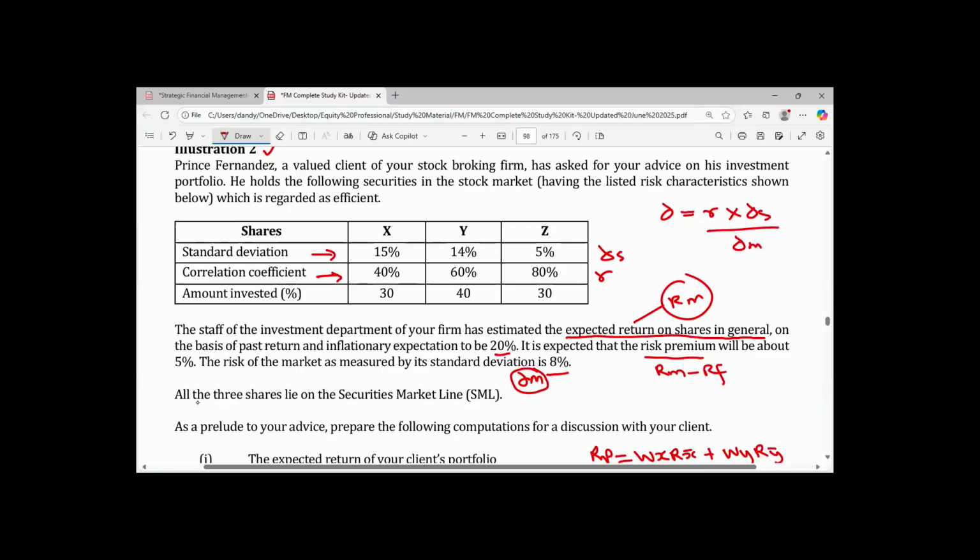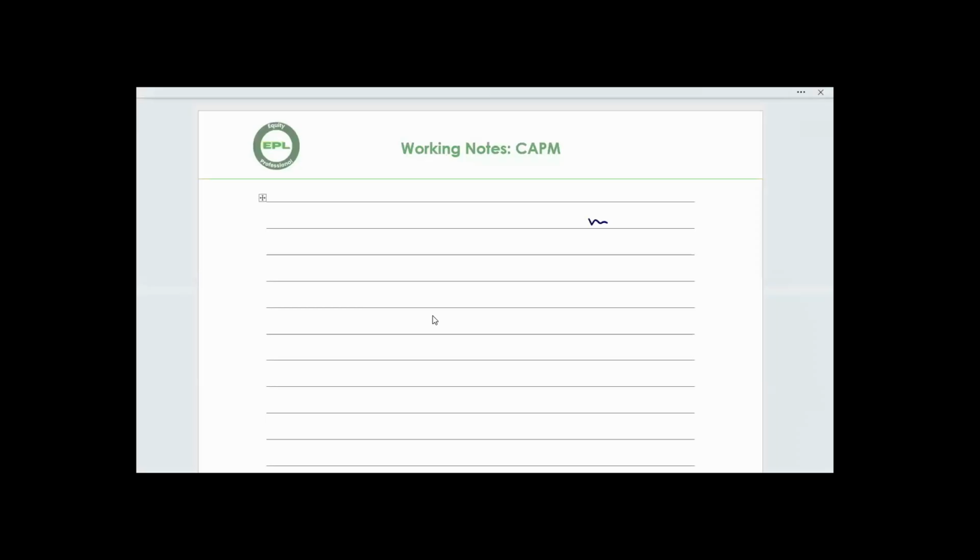This is the formula we are going to use. Because of time, let me switch quickly and solve this. You don't need to waste too much time. Just pay attention and understand the way we are solving it. This is the solution.